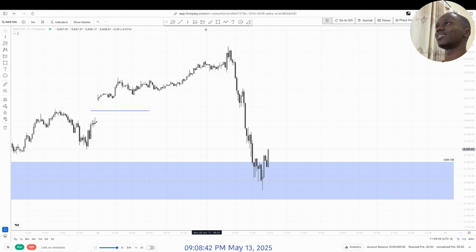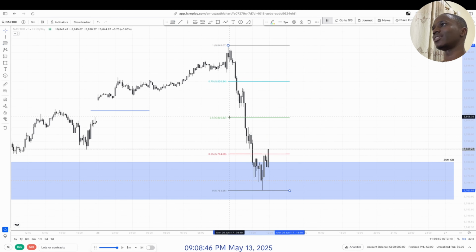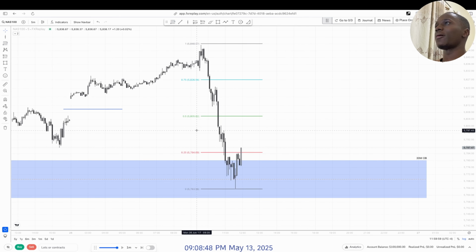So let's first target the rebalancing right here. And that is also the next point for a fair value gap, where one can anticipate a reaction to push lower if we are to create a breaker block instead of having this order block right here.